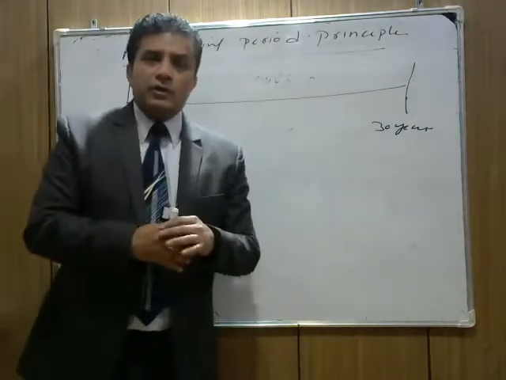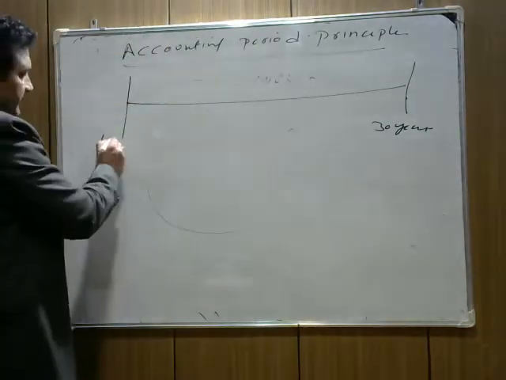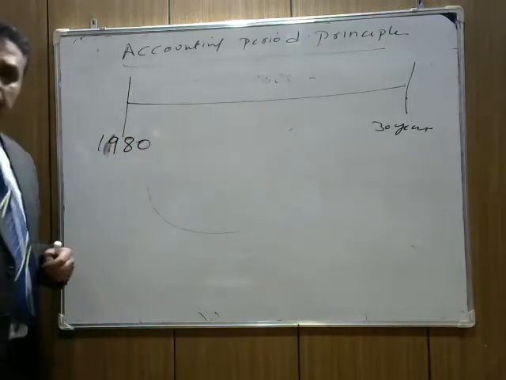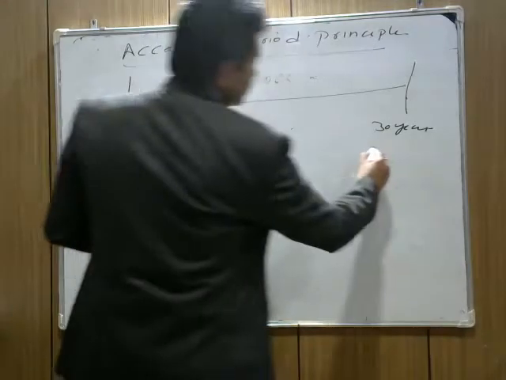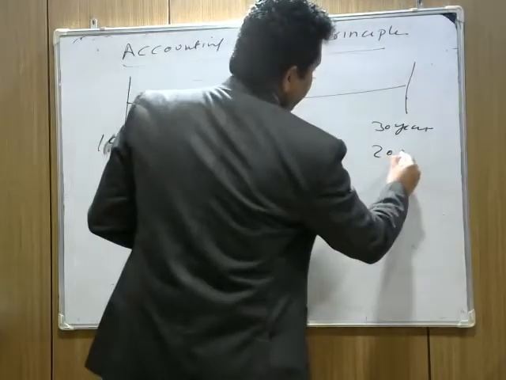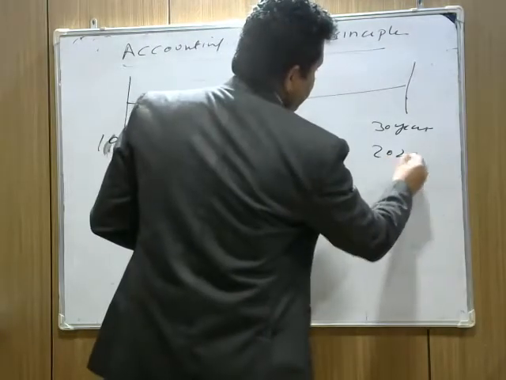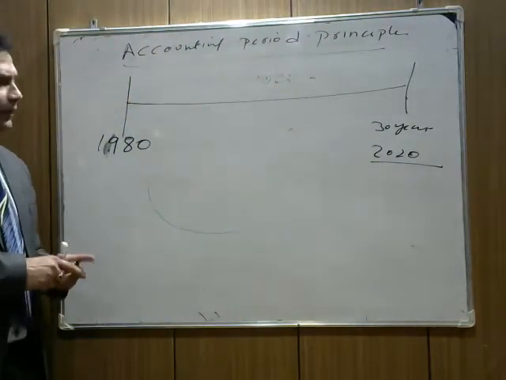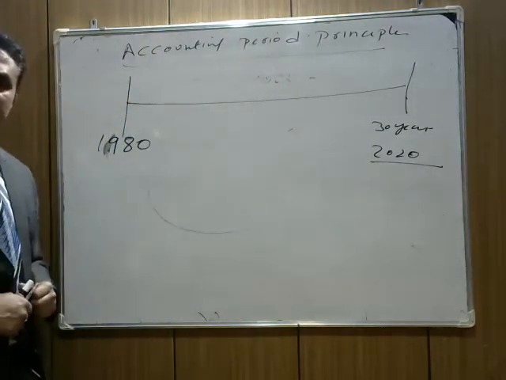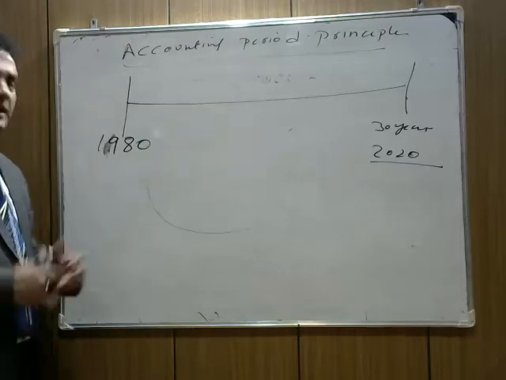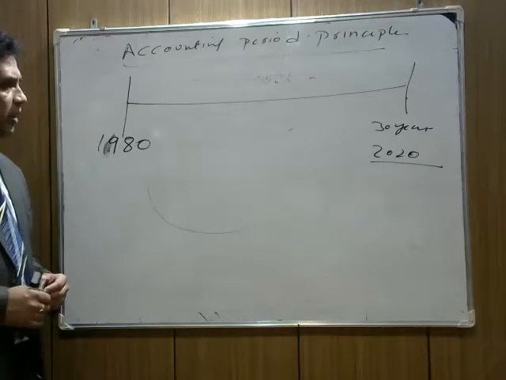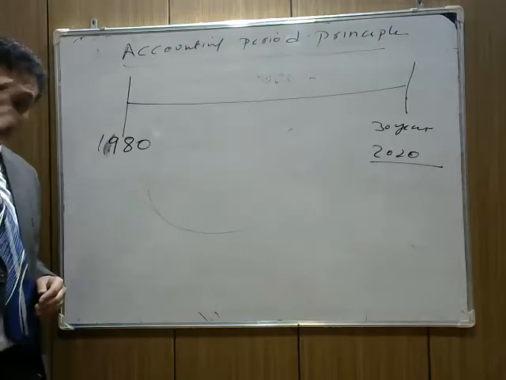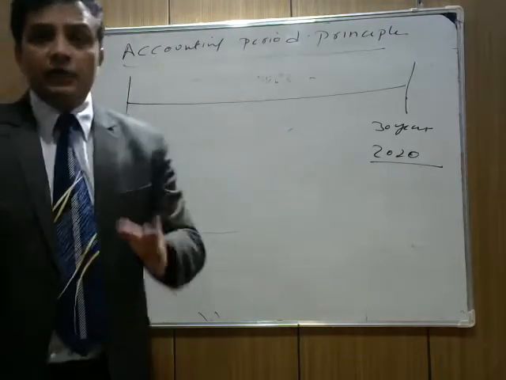After 30 years it's very difficult to record. Suppose this person started business in 1980 and in 2020 he shut down. In 2020 you want to find out how much I earned in 1980, how much in 1984, 1985. It's very difficult to find after the end of the period.